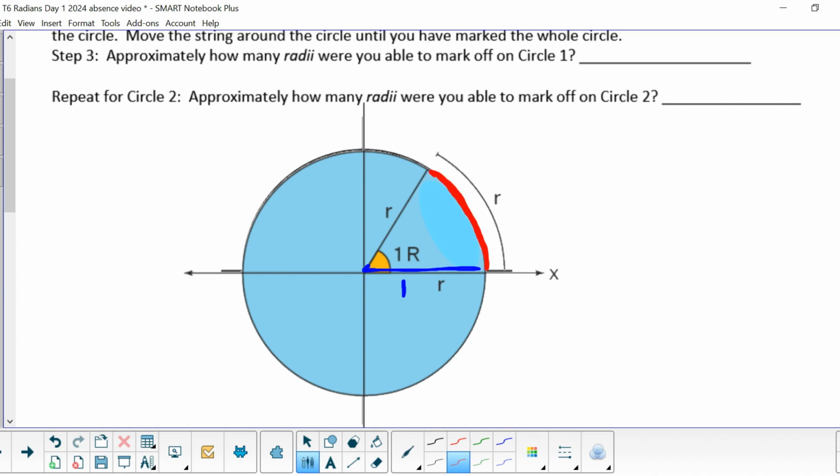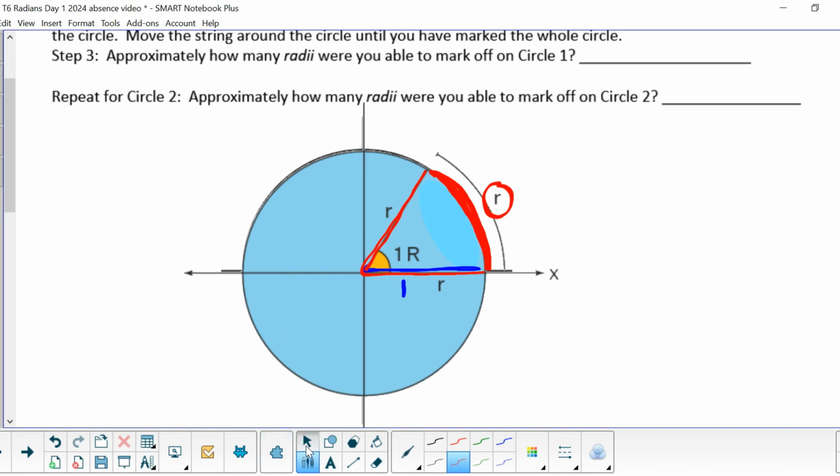So it's the radius, and then that radius is on the outside of the circle as well. And this is also the radius over here. So these two radii, with the radius curved along the circumference of the circle, make what's called 1 radian of a circle. So this is 1 radian, and it's approximately 57 degrees of the circle.